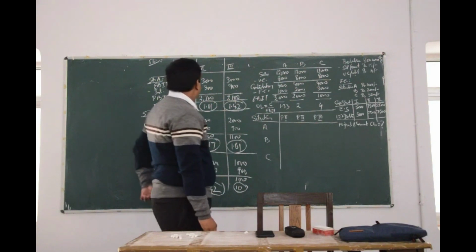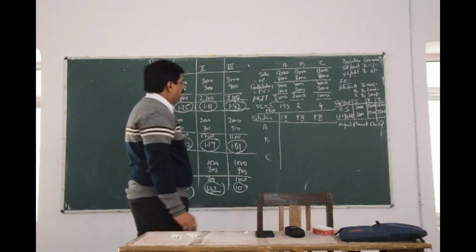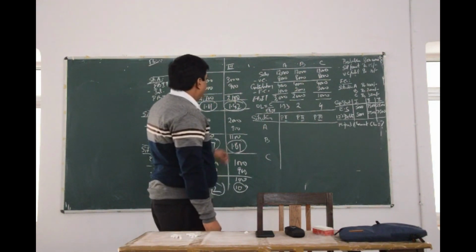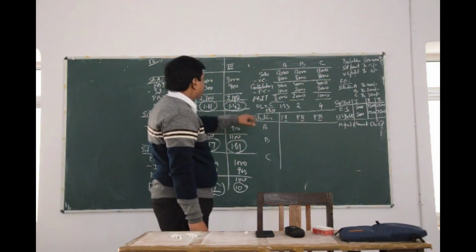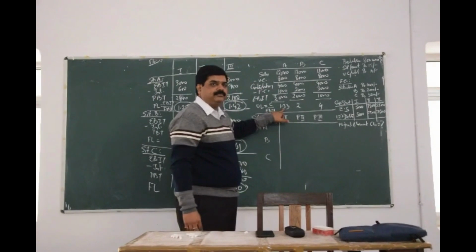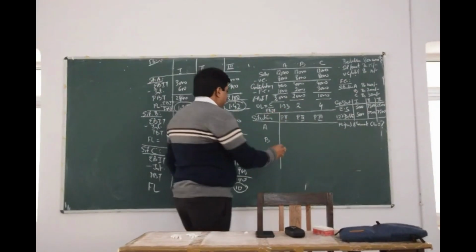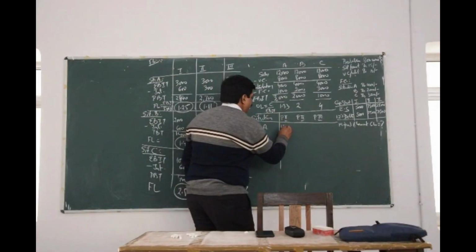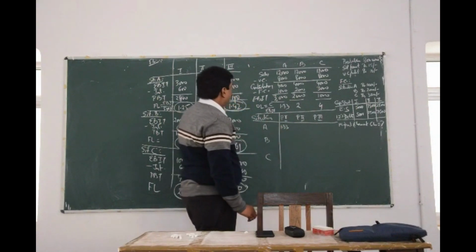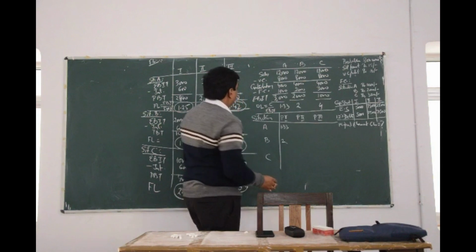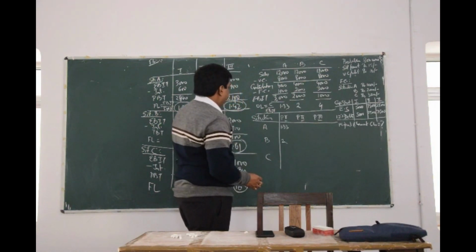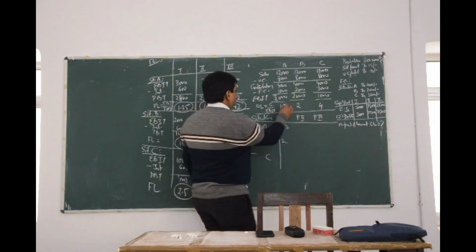Situation A, we are having operating leverage. In situation A it is 1.33. In B it is 2, and in C it is 4.